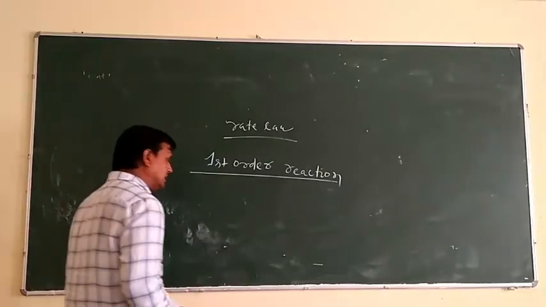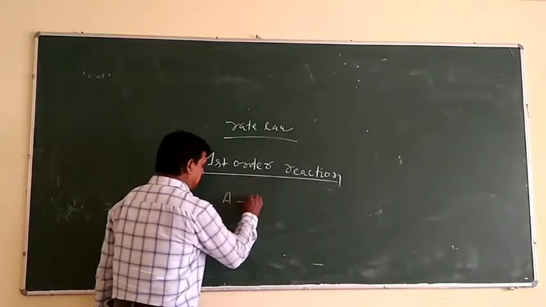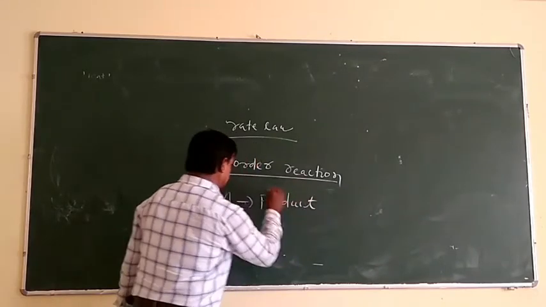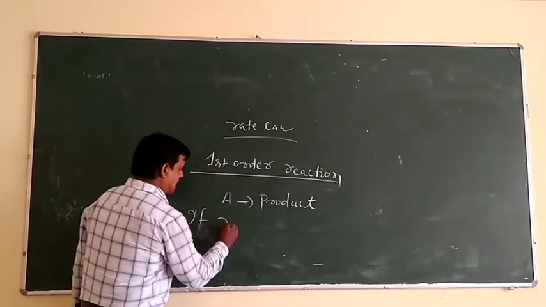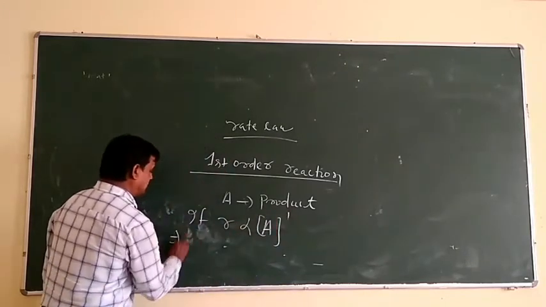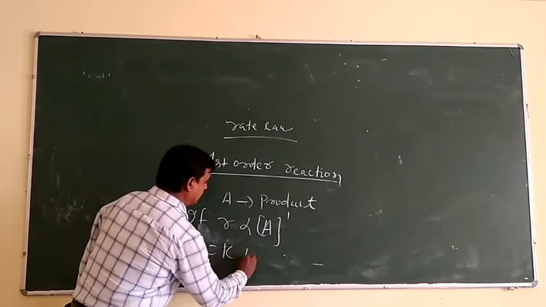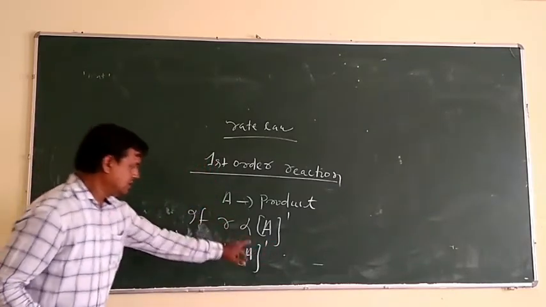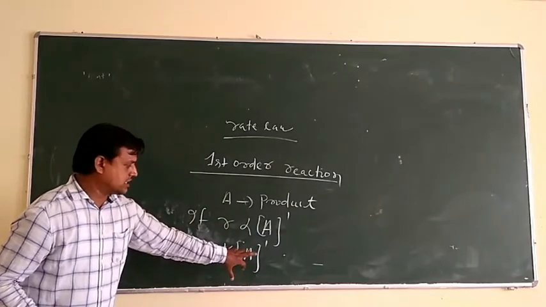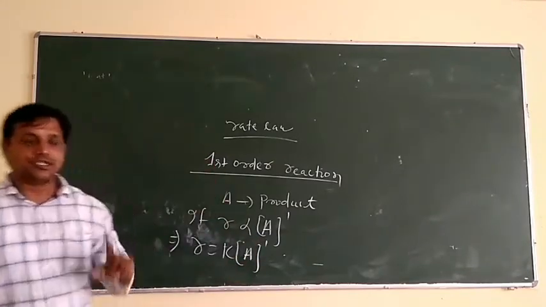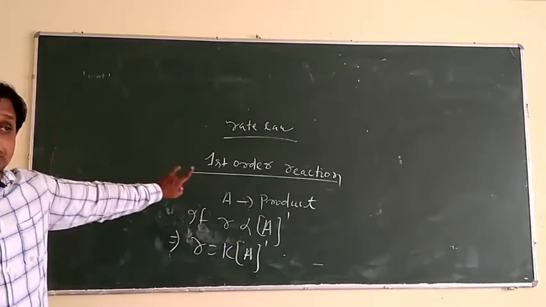A gives product. If R is proportional to A to the power 1, that implies R equals K A to the power 1. Since the power of the molar concentration of the reactant A is 1, we can say it is a first order reaction.